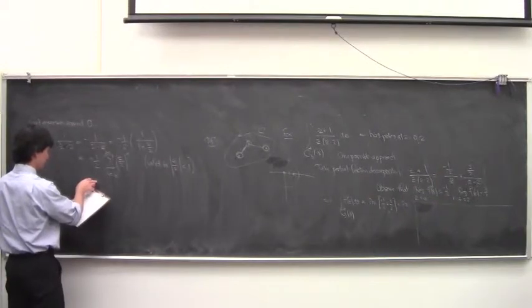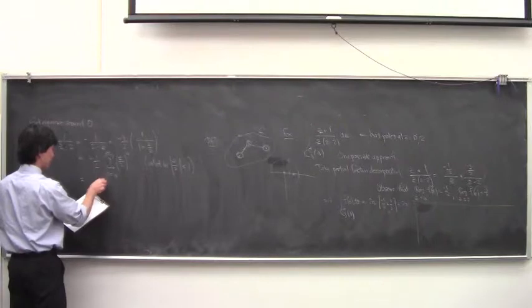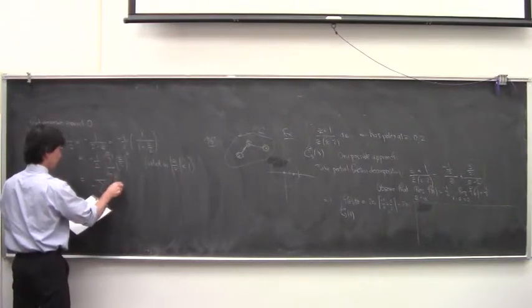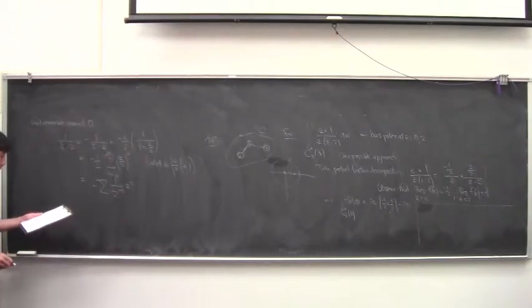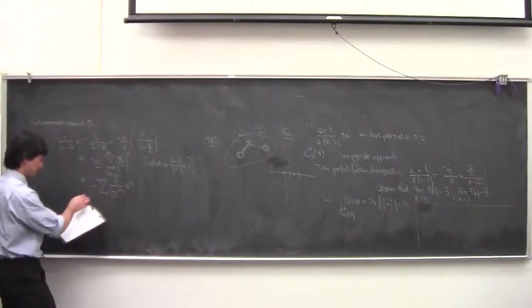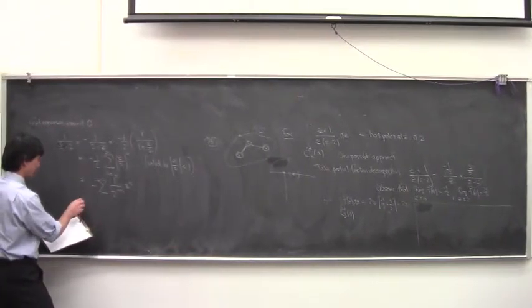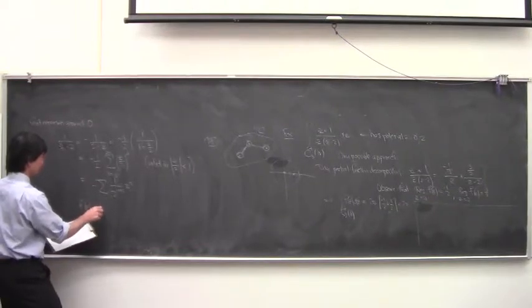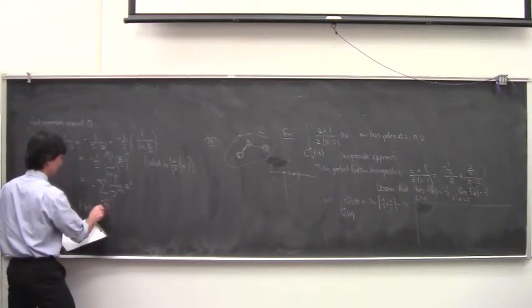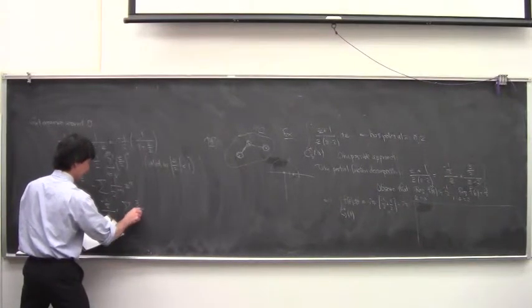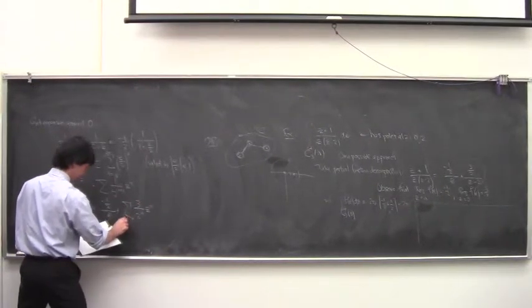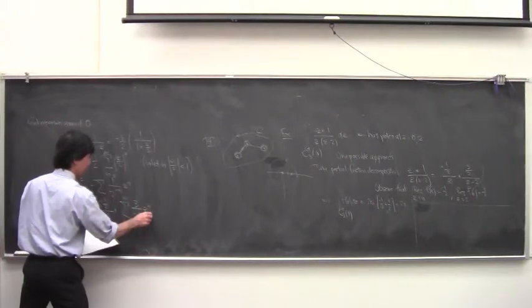And so that's the summation of 1 over 2 to the n, z to the n. Right, and so you'd get that the expansion would be like this: negative 1/2 over z plus 3 over 2 to the n, z to the n, from 0 to infinity.